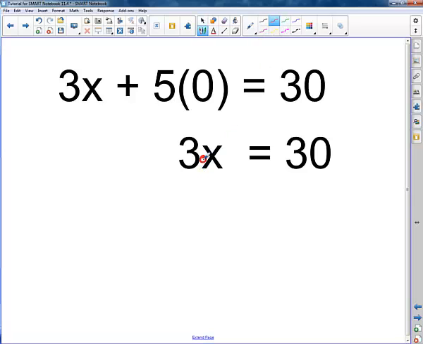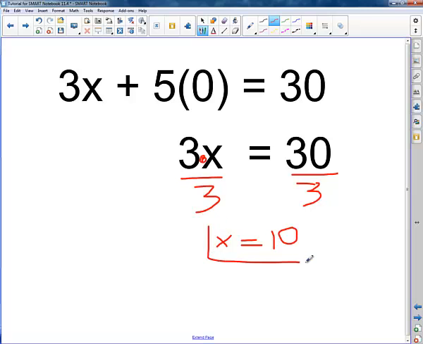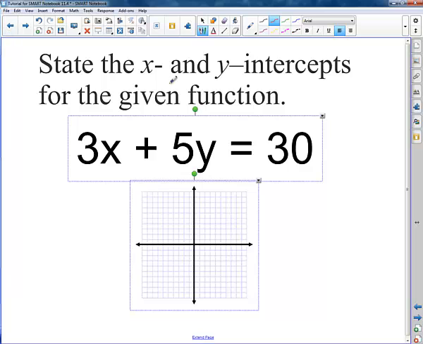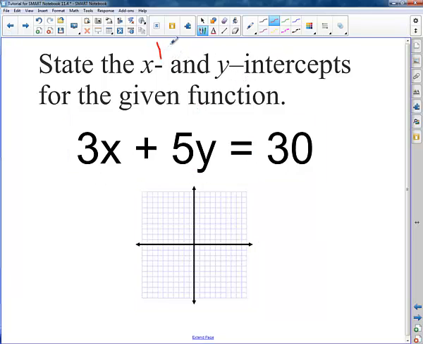These two things are being multiplied, so I'm going to do inverse operations. Divide by 3, divide by 3. Your answer is x equals 30 divided by 3. You should hopefully know that it's equal to 10. So, going back to the original equation, the x-intercept is 10.